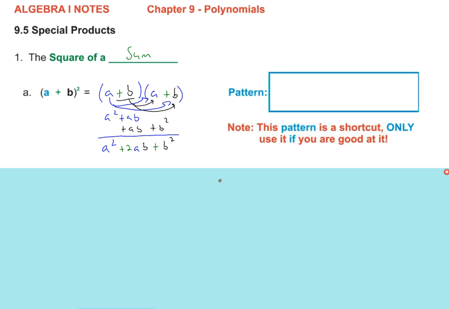And that is the pattern. So the idea is this multiplies out to this, to an a squared, use your exact color, plus 2ab plus the b squared.